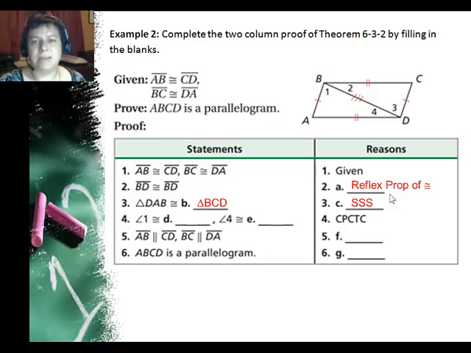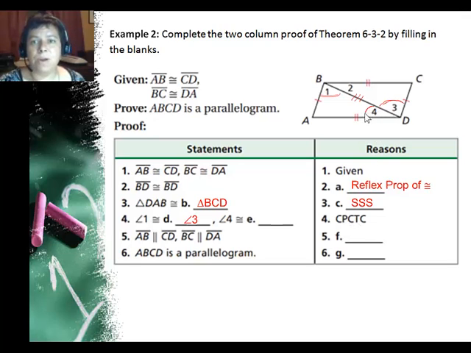That's the side-side-side postulate. Now I can start marking some angles congruent. I can say angle 1 is congruent to angle 3. Why can I say that? Corresponding parts of congruent triangles are congruent. That's CPCTC. So angle 1 is congruent to angle 3.